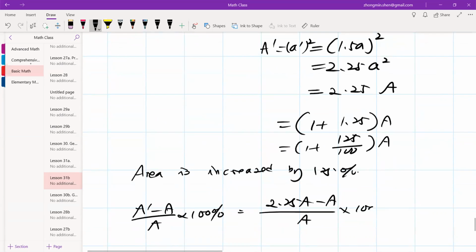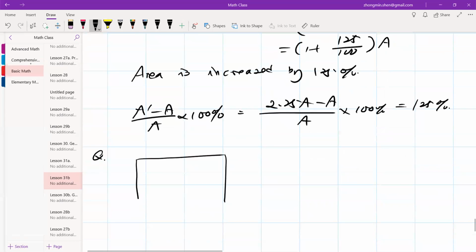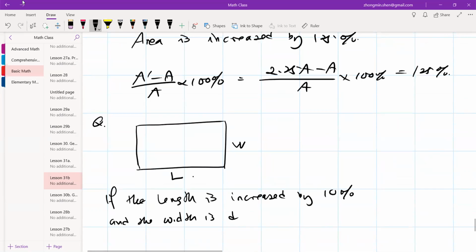Okay, so it's going to be A prime minus A divided by A times 100%. So I look at the rectangle. The length is increased by 10%, and the width is decreased by 10%.